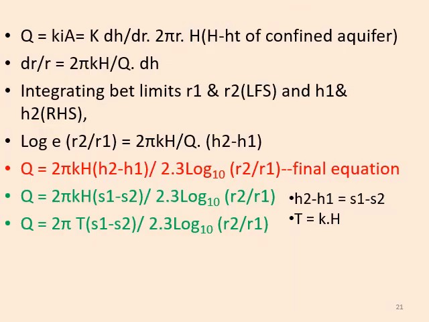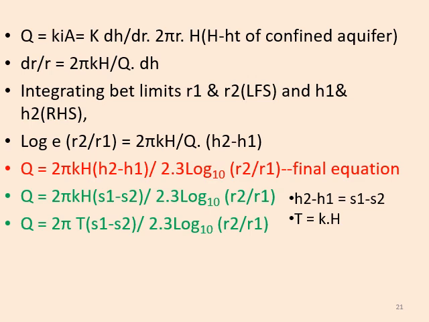So here Q equals the same K I A, but here we will write K into dH by dr into 2 pi r capital H, because capital H here is the height of the confined aquifer. So dr by r equals 2 pi K capital H, not small h, capital H, divided by Q, into dH.